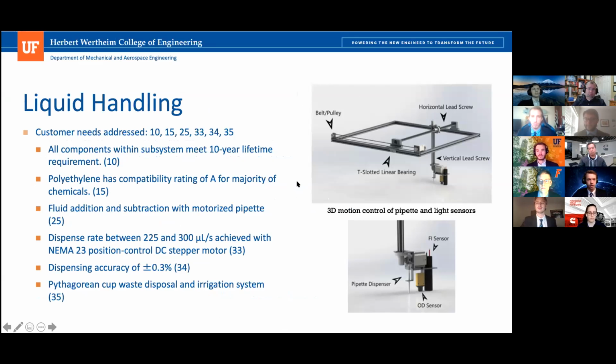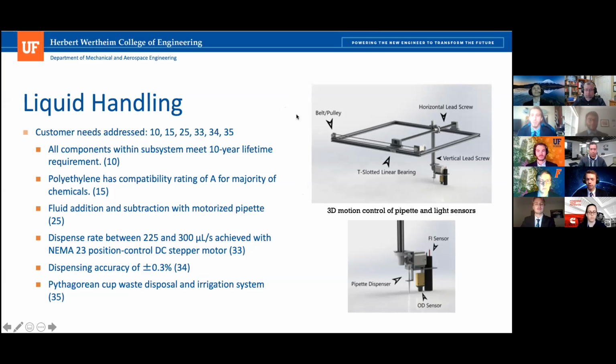All right, thanks, Christian. So the first major subsystem we tried to address was liquid handling. You can see the customer needs there. We realized that each component within the subsystem would be able to meet the 10-year lifetime requirement. We figured this one would be the most vulnerable because it has the most moving components.